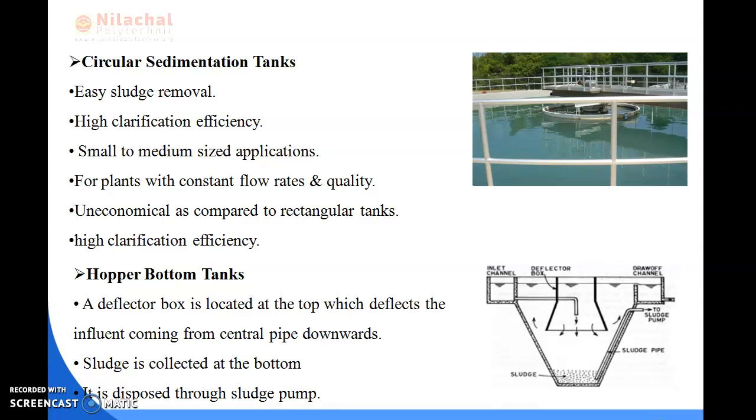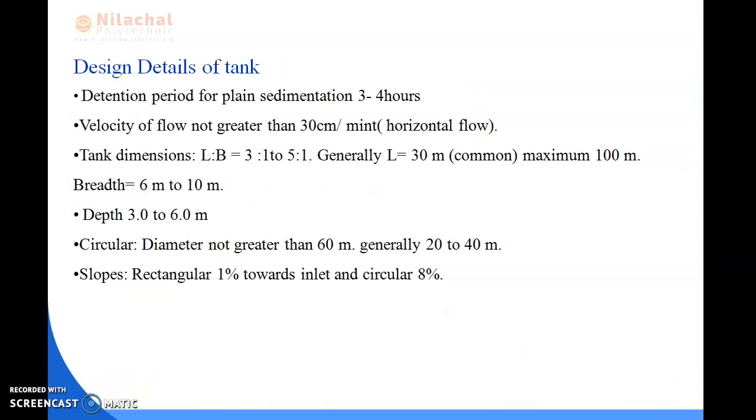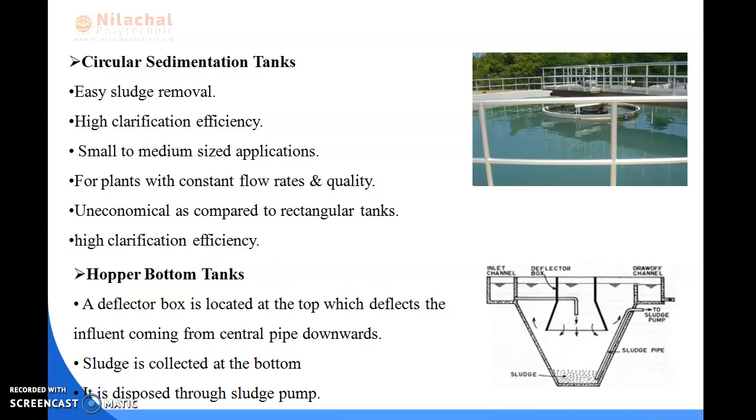Here in the hopper bottom tank, the sludge is collected at the bottom of the tank and it is disposed through a sludge pump. And you can see here the deflector box. It is located at the top, which deflects the influent that is coming from the central pipe downwards. So this is all about the hopper bottom tank.